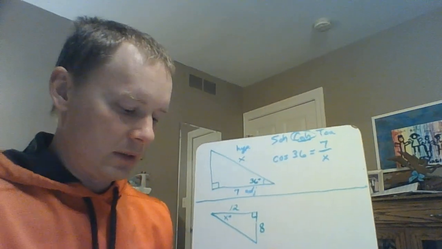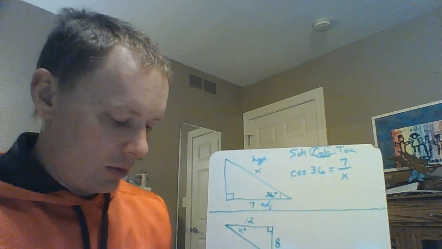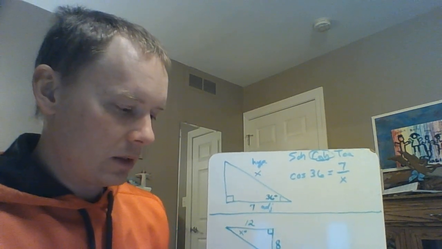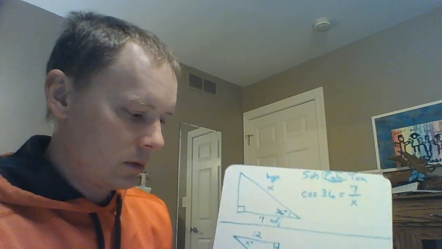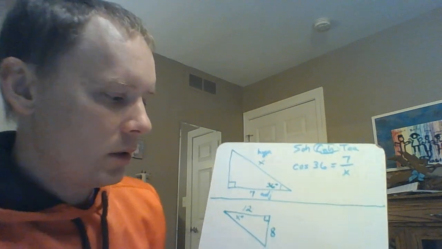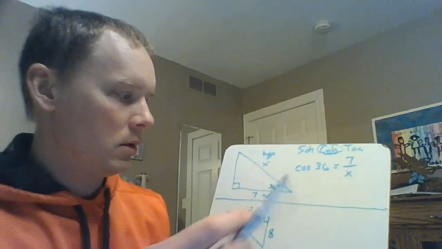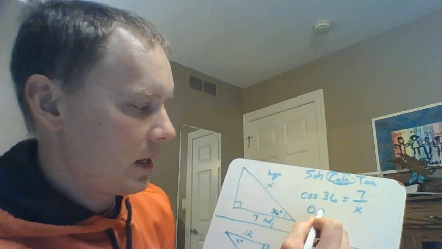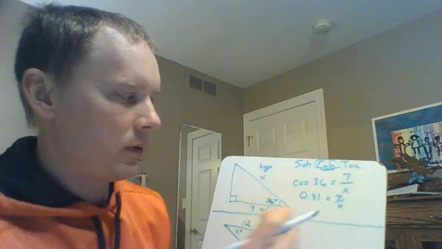Make sure you can all get this value. If you type cosine 36, you all should get 0.81. That is the value of cosine of 36.